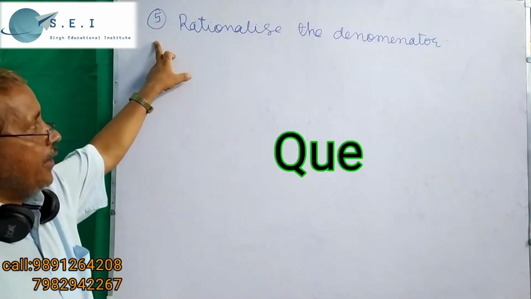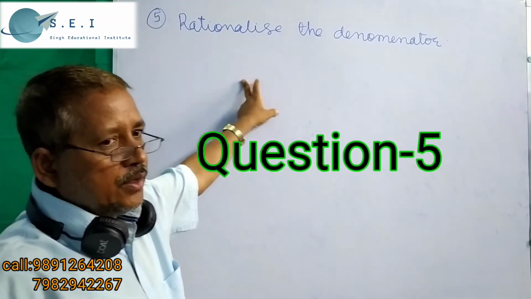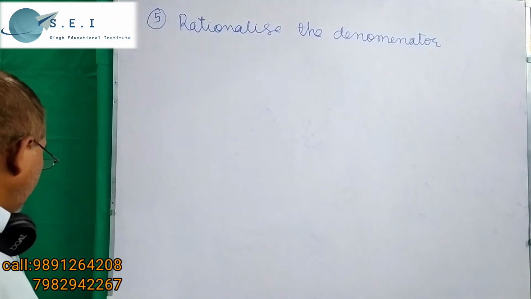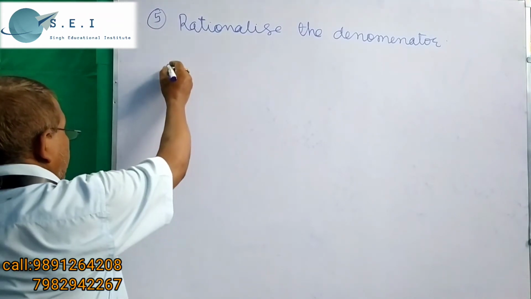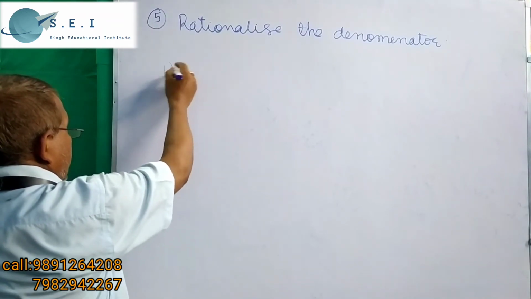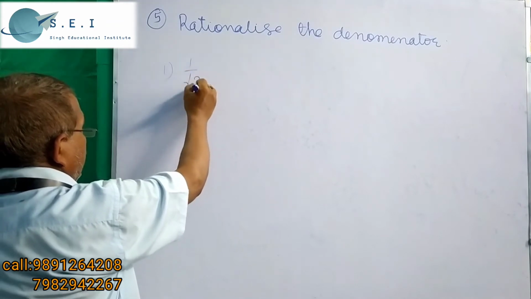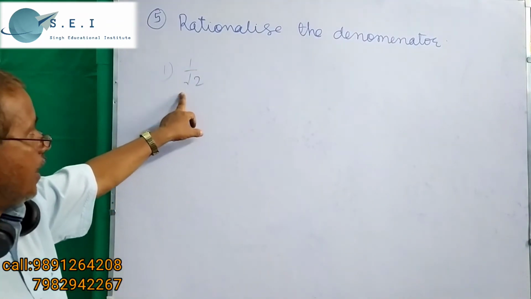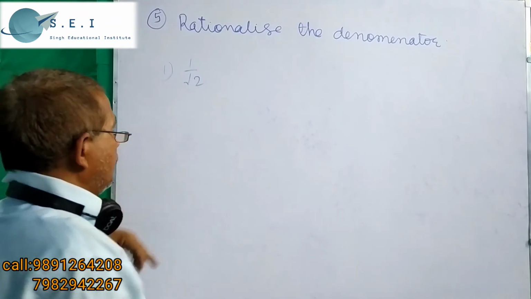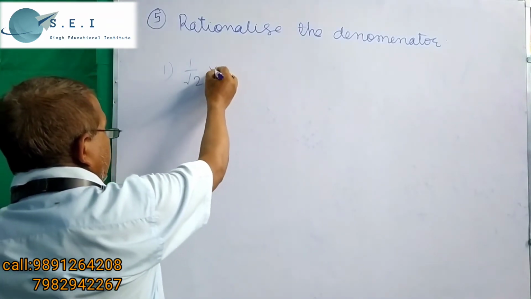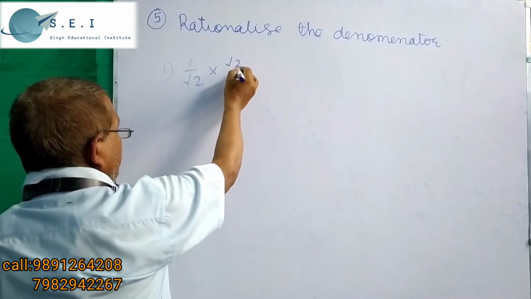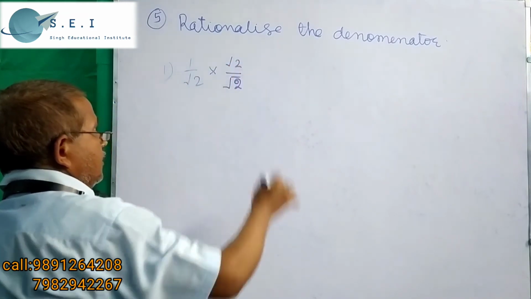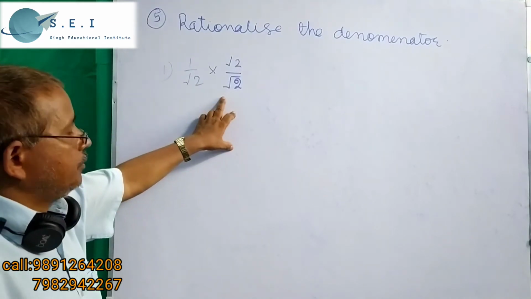Next, question number 5: rationalize the denominator. There are 4 parts of question number 5. First part is 1 upon root 2. To rationalize the denominator, the rationalizing factor here is root 2. Multiply root 2 on the numerator as well as the denominator.